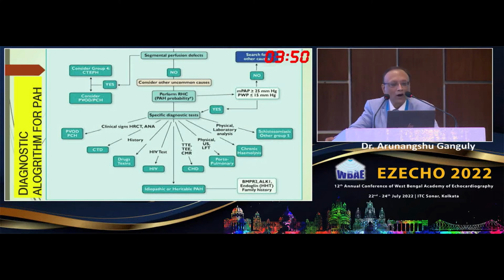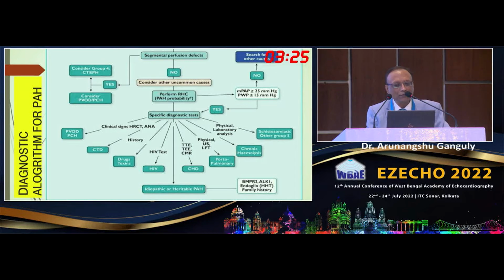If you perform now a right heart study, that is what I told you, now you have the specific diagnostic tests. If HRCT shows something, you can get pulmonary veno-occlusive disease or PCH. History will give you connective tissue disorders. You have drugs and toxins through history. HIV you test.